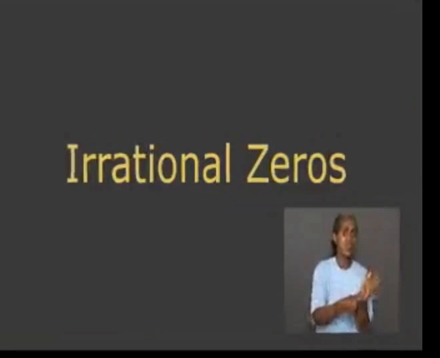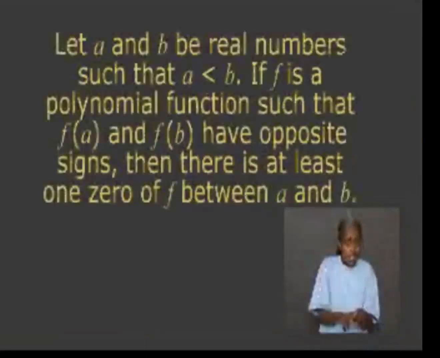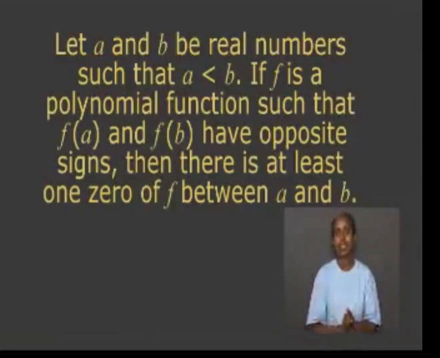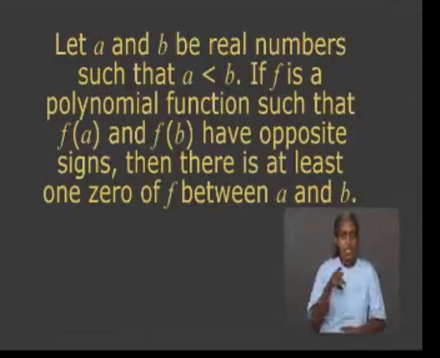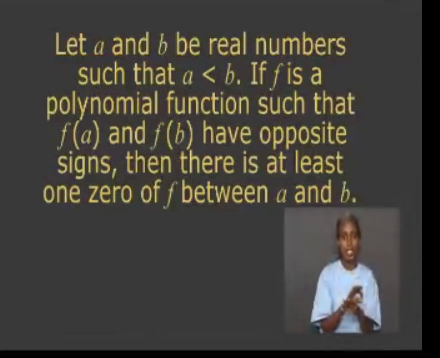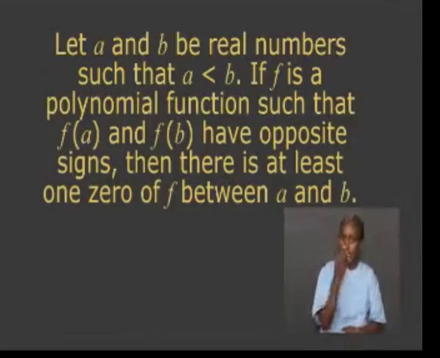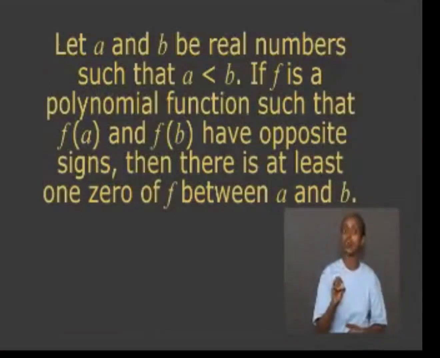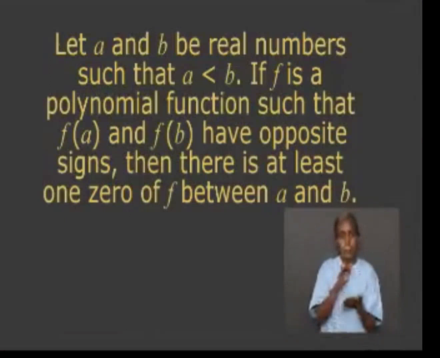The theorem states, let a and b be real numbers, such that a is less than b. If f is a polynomial function, such that f of a and f of b have opposite signs, then there is at least one zero of f between a and b.